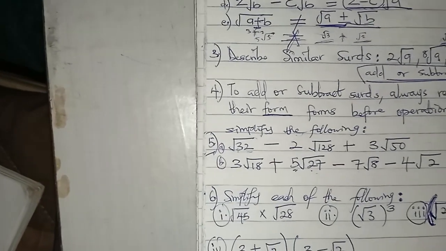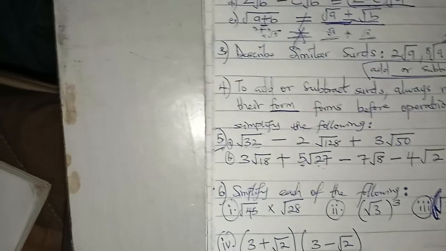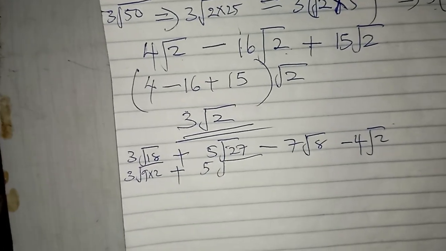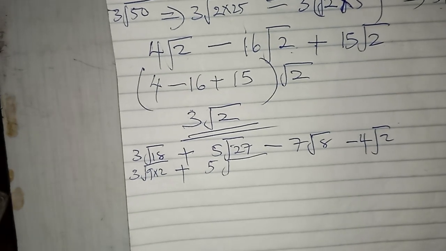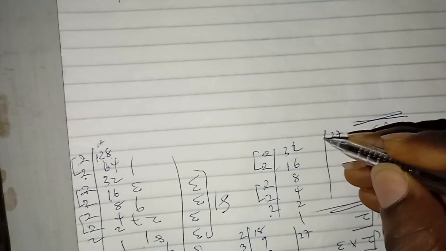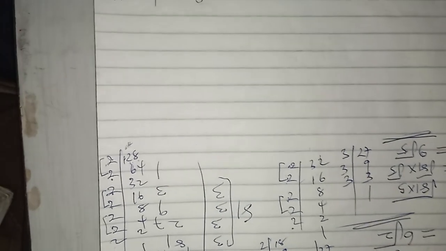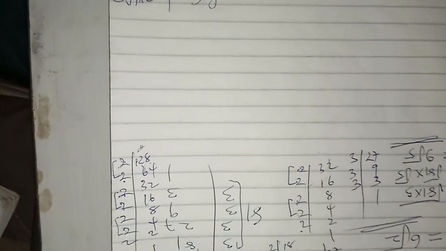I think we've done something of 27 before, but let's do it again though. So if I have, remember that this is where we are, 5 root 27. If I do 27 divided by 3, I get 9. 3 into 9, I get 3. 3 here, 1. So 3 times 3 raised to the power 3 is 27.